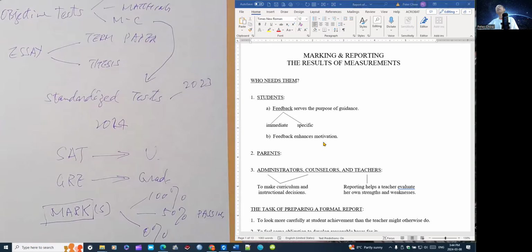Immediate and specific. And formative evaluation, we talked about this. Formative evaluation is most helpful. Now, formative evaluation is not long. It is short, for the purpose of telling the students their strengths and weaknesses.